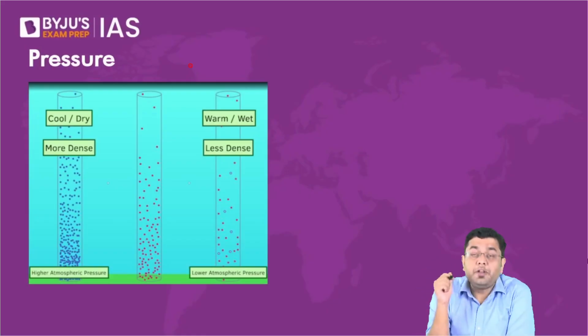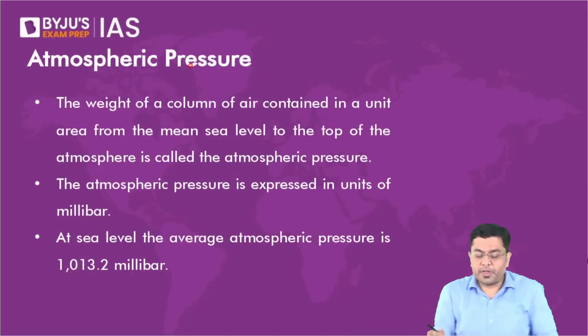So, when we talk about atmospheric pressure in general, we refer to the weight of the entire air column on the ground surface. The air column will consist of the gases, water vapor, as well as the dust particles. So the weight imposed by the air column on the ground surface, that is your atmospheric pressure. So this is your definition of it.